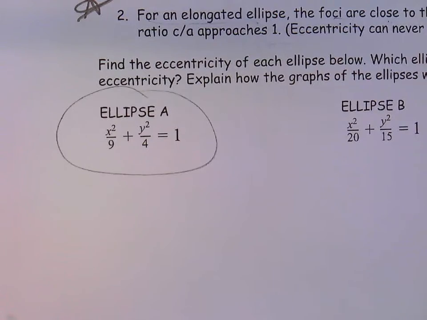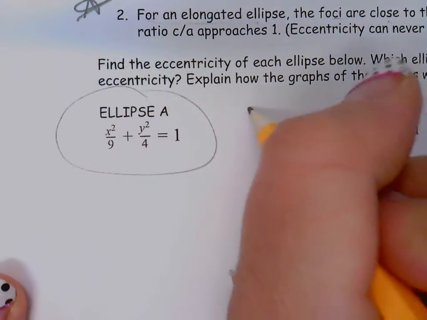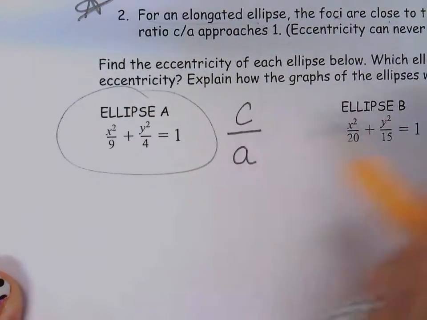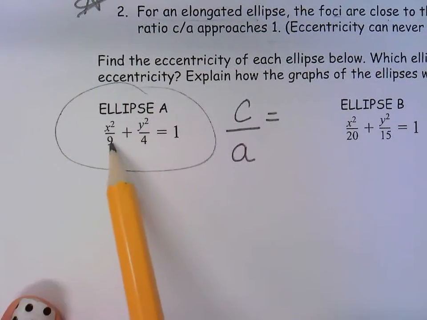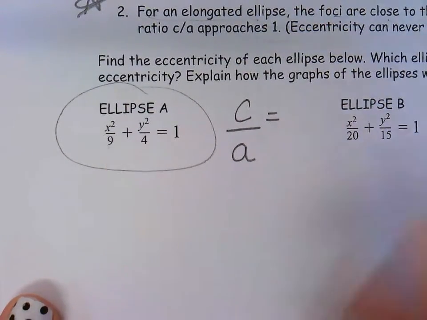All right. We need to calculate C divided by A. That's how we quantify eccentricity. I know my A value already. What's my A value for this ellipse? 3. I take the square root of 9, the bigger number, and I get 3.